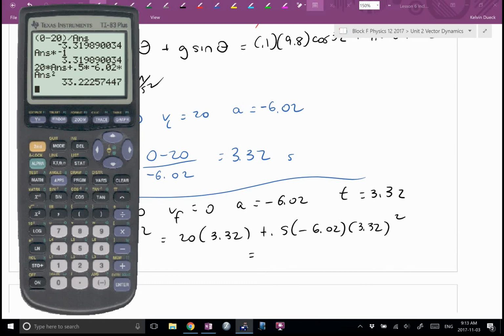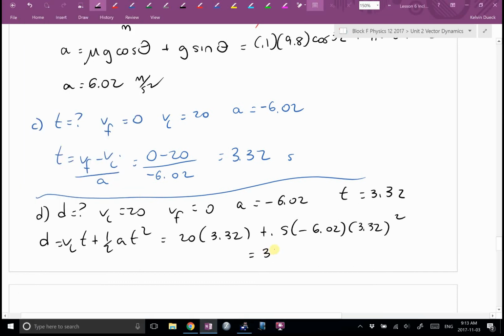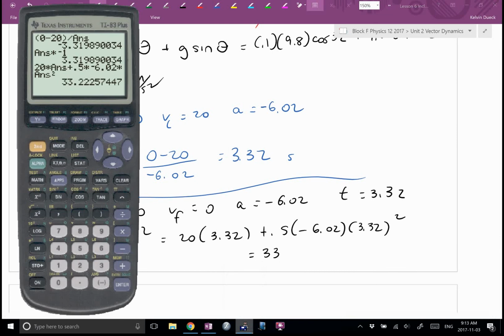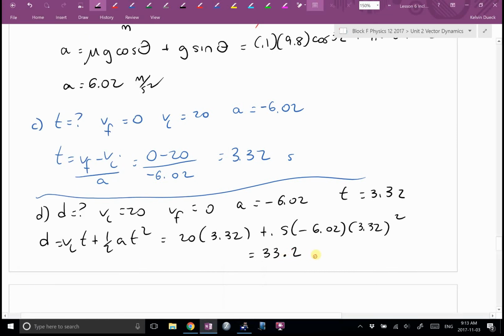And I get 33.2. Should it be a positive answer? I'm traveling forwards relative to our frame of reference here. Yeah, I'm okay with that. 33.2 meters.